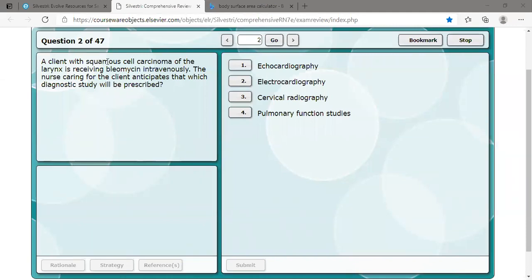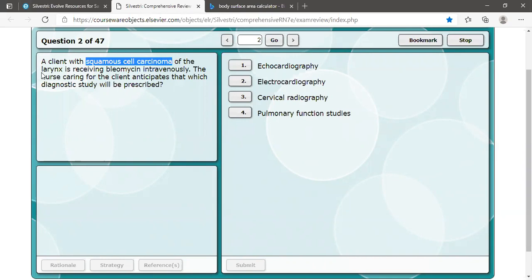Client with a squamous cell carcinoma. Your patient is diagnosed with a squamous cell carcinoma in the larynx and also receives the chemotherapeutic agent bleomycin intravenously.